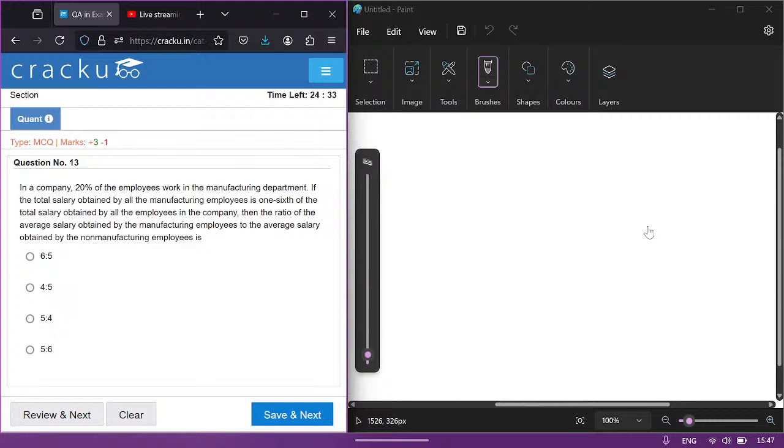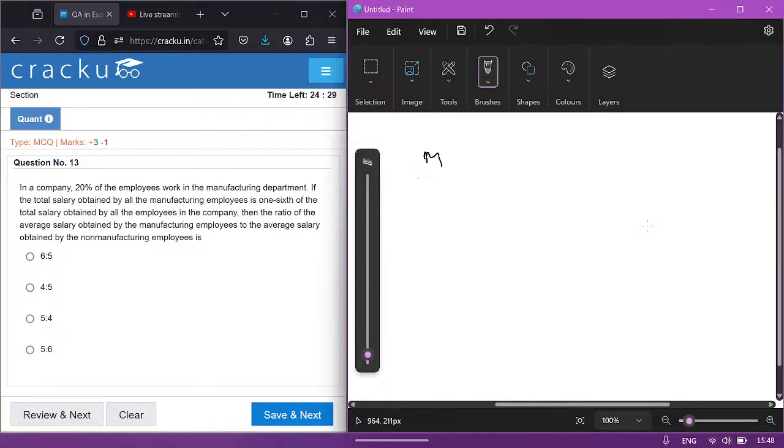In a company, 20% work for manufacturing. Manufacturing employs 20%. Salary is 1/6 of total salary of all the employees. Okay. So let total employees be 100x. Total salary, because it's 1/6, be 120y. So in manufacturing there are 20x people.